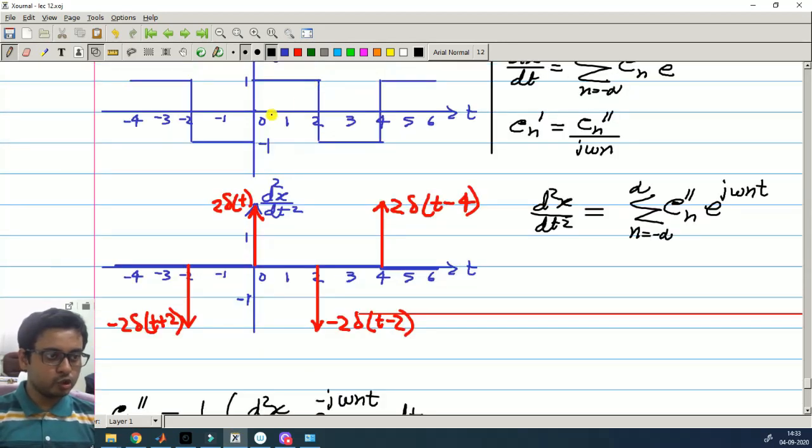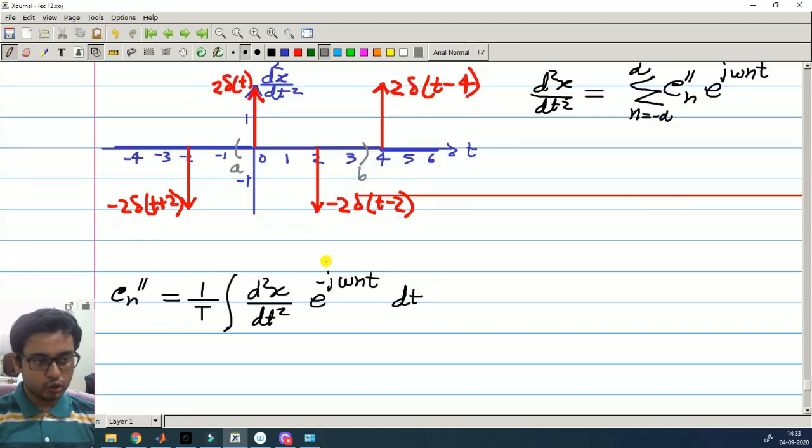Let me say choose a cycle from here to here. Call these points A and B. This is a complete cycle. Okay, so let me integrate it over A to B.